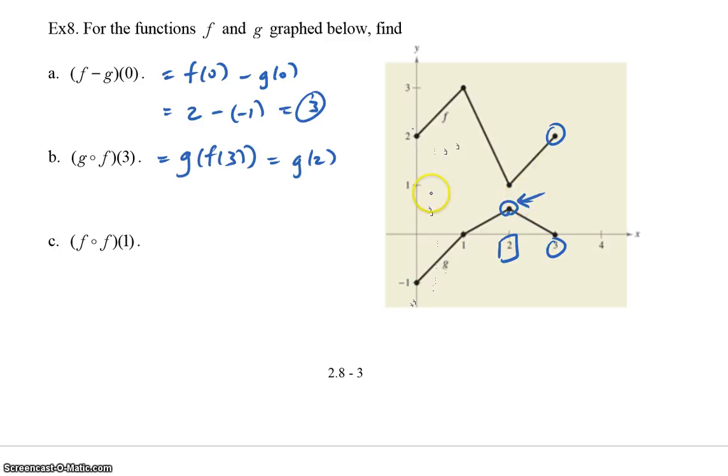And it's not completely obvious what that is, but it would appear that it must be 1/2. That would be the most likely value. So 1/2. And that gives us g composed with f of 3.